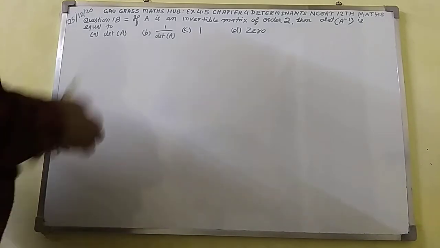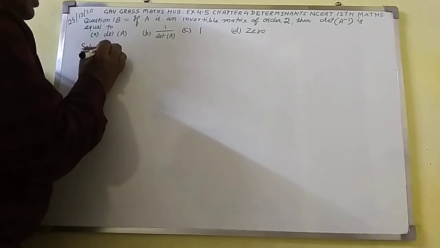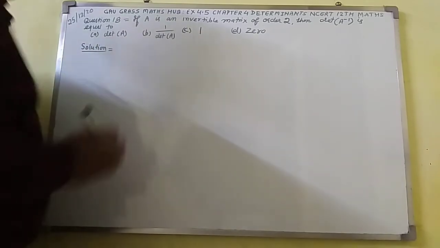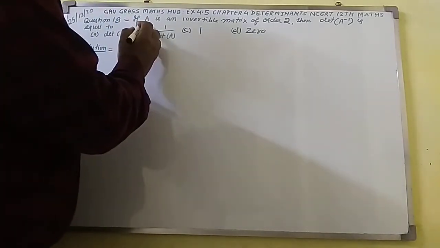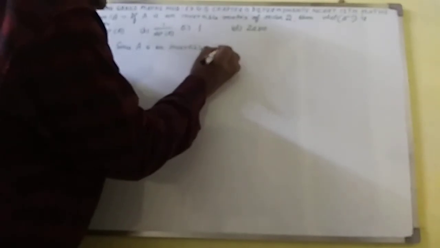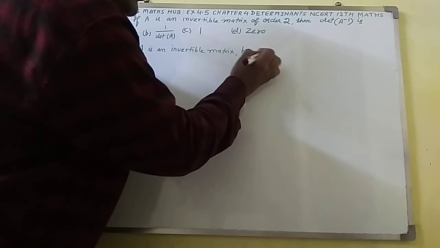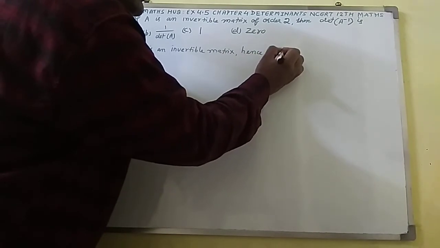Here I shall write the solution. Since A is an invertible matrix, hence A inverse exists.